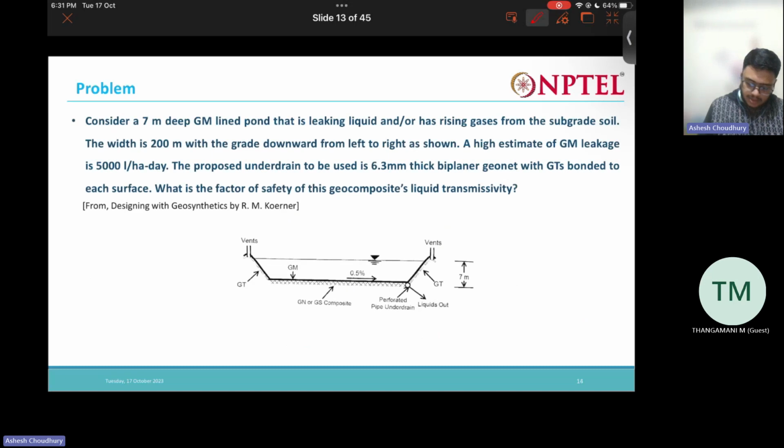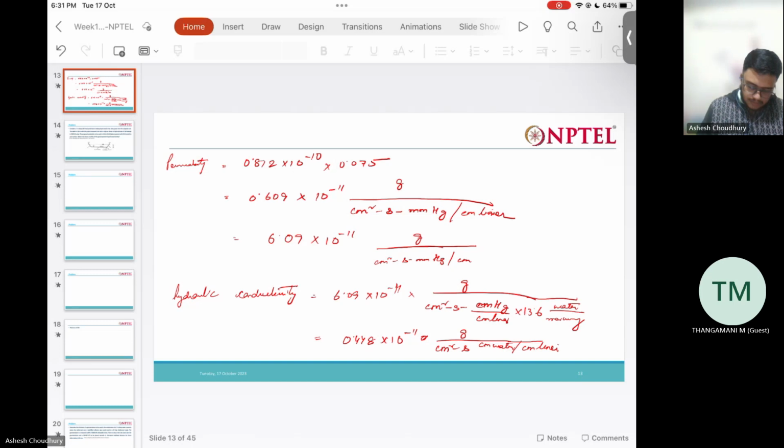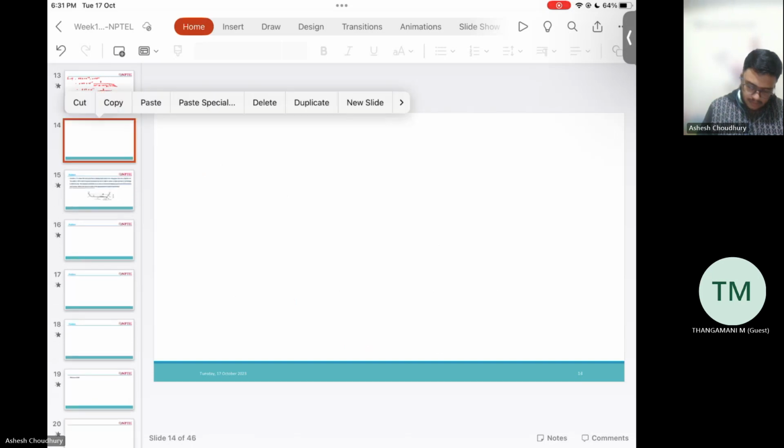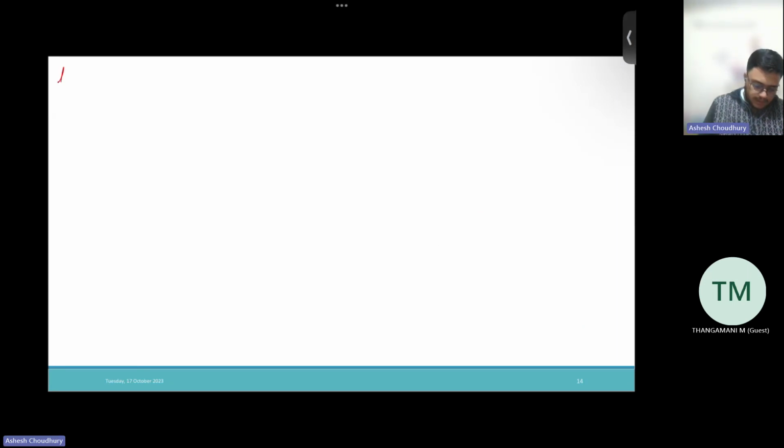Now I will use density. Sorry, I will just add one page. So now using the density of water, we have hydraulic conductivity equal to 0.448 into 10 to the power minus 11 gram per cm square second, cm water per cm liner, into 1.0 gram per centimeter cube.